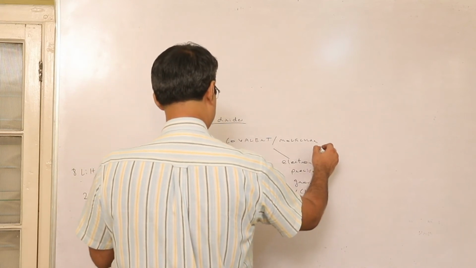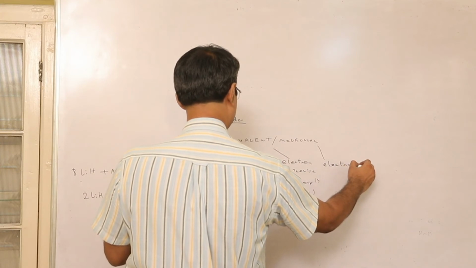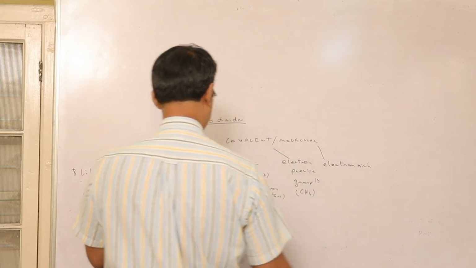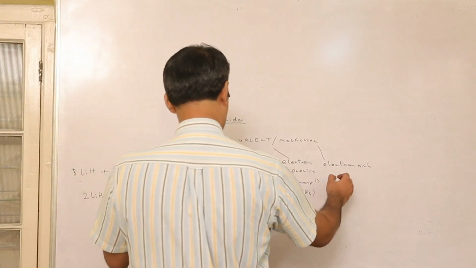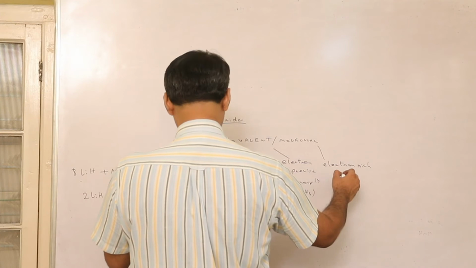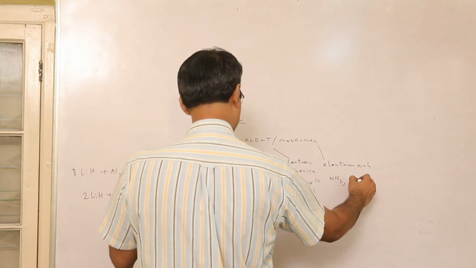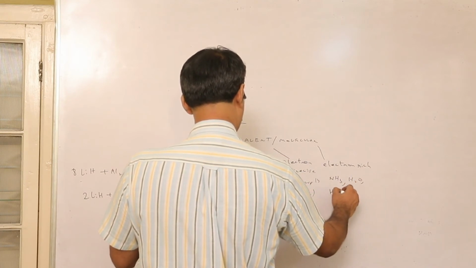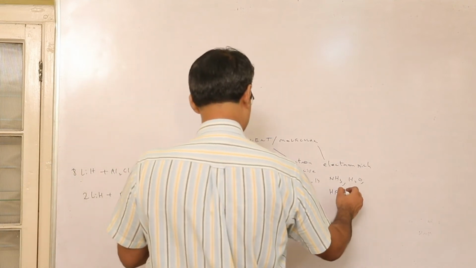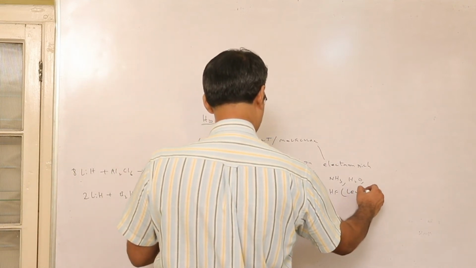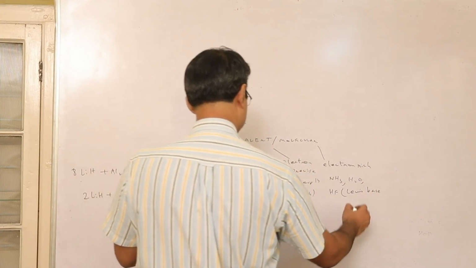Then the third category is electron rich hydrides. Now electron rich hydrides have excess electrons which are present as a lone pair, like say for example ammonia has a lone pair, H2O has a lone pair, HF has a lone pair. So due to the presence of lone pair, they behave as a Lewis base.